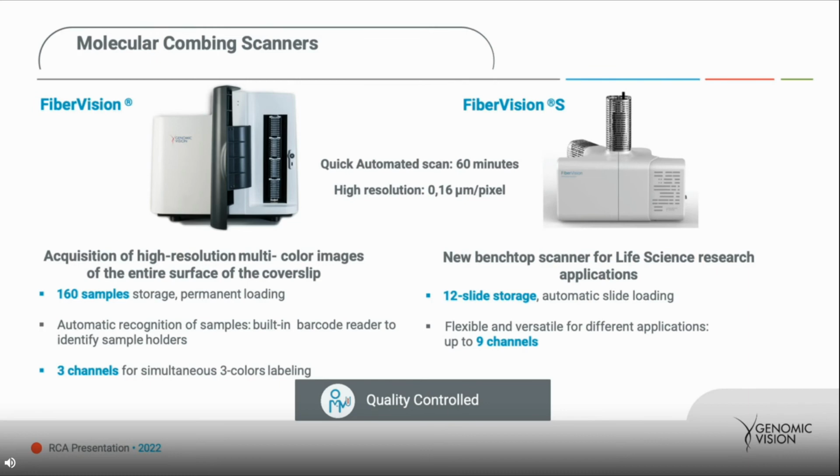The FiberVision allows 160 sample storage with permanent loading, and there are 3 channels for simultaneous 3-color labeling. The FiberVision S offers more flexibility and versatility of applications, as it has 9 channels, or colors. But the slide storage is a bit less, with a 12 slide storage and automatic slide loading.